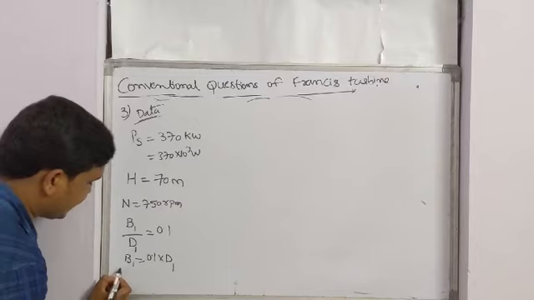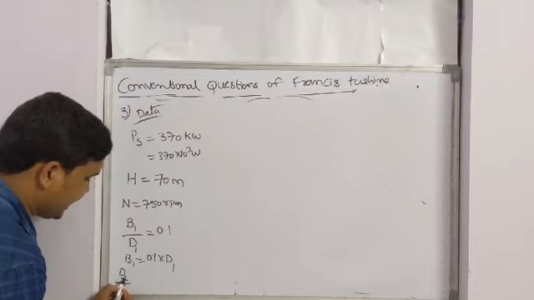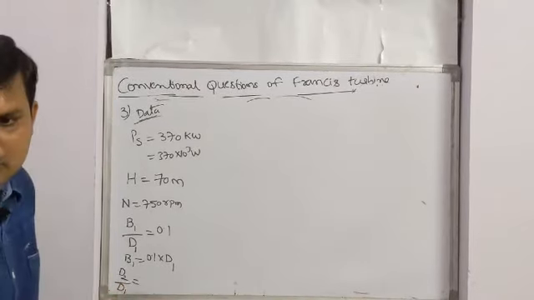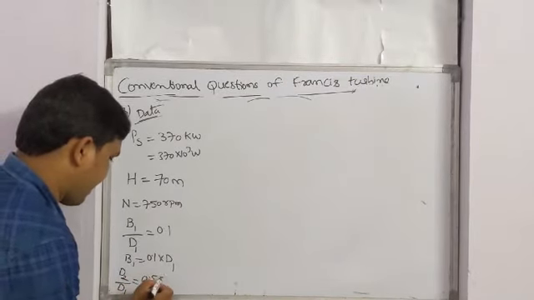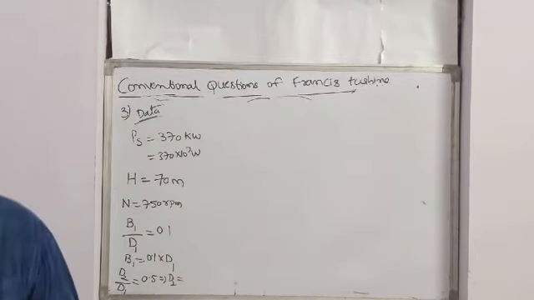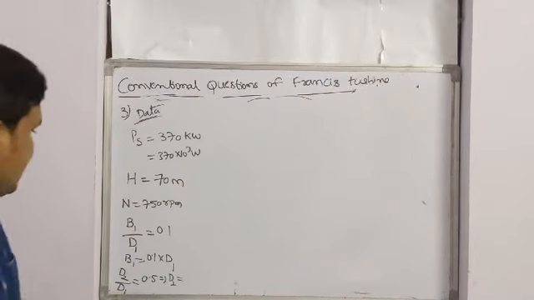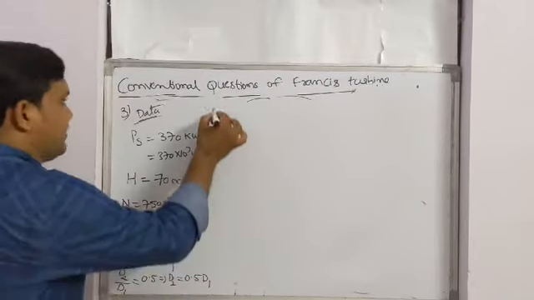Inner diameter is D2, outer diameter is D1. At the outer diameter the inlet flow is there, and at the inner diameter the exit flow. So D2 by D1 is equal to 0.5, that means D2 is equal to 0.5 times D1.